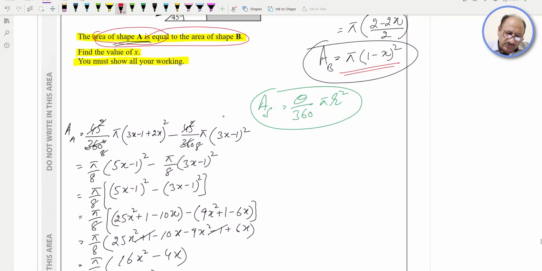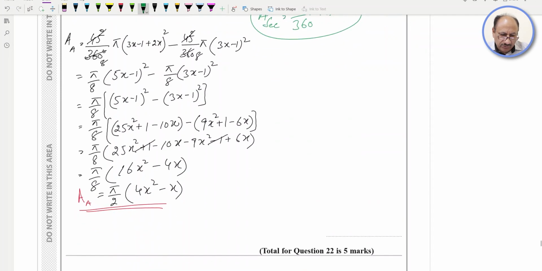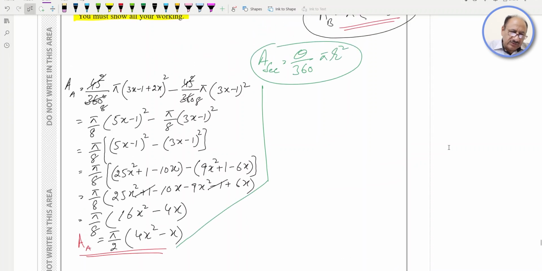This one is sector, so I will write here sector again. Okay, so we are successful in shrinking. Now we can solve the rest of the portion, which is just equalizing.